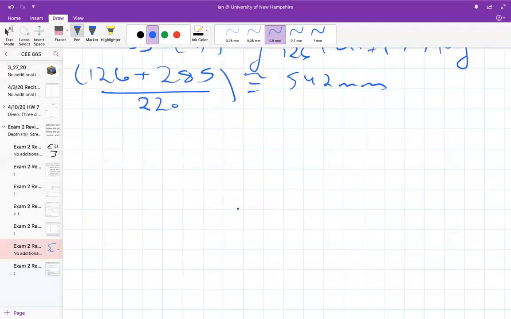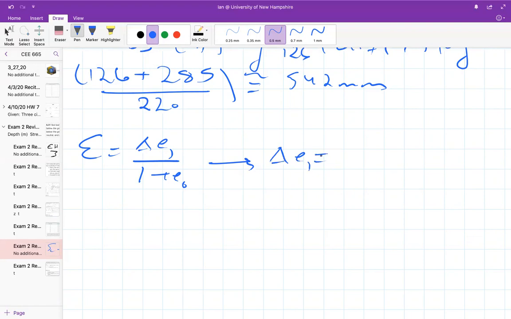And to find our strain, we're going to say strain equals delta e1 over 1 plus e naught, because we know strain is just settlement over our soil layer.